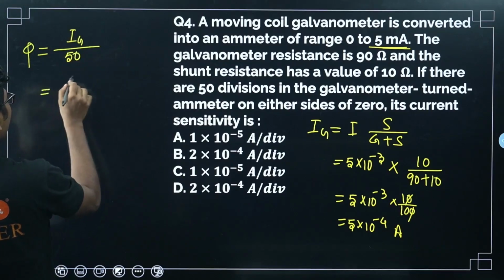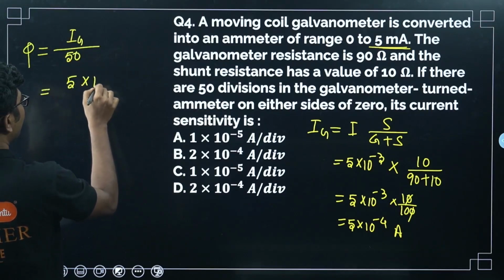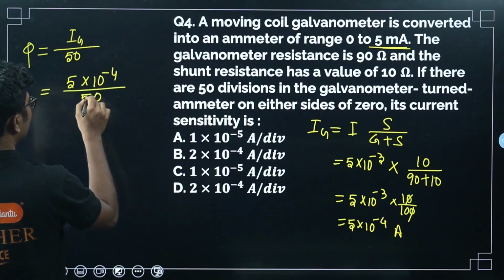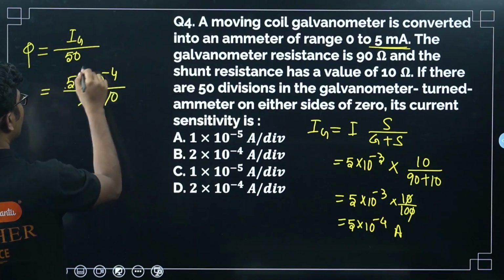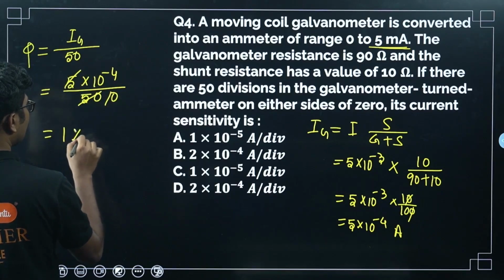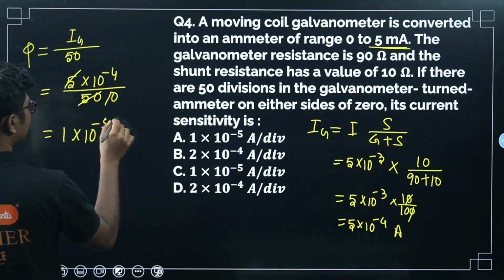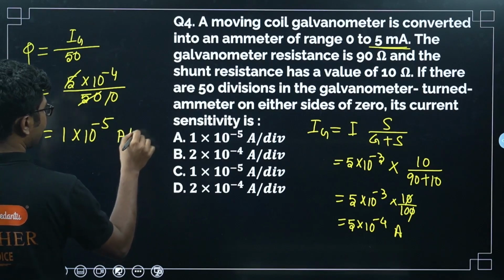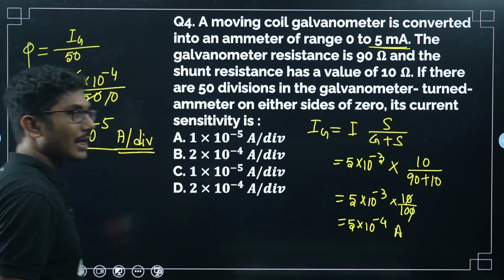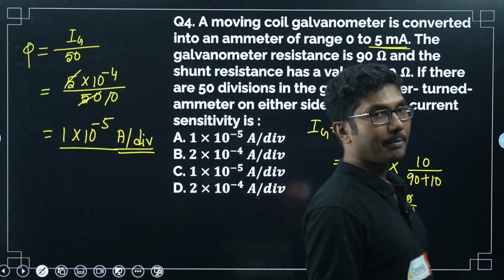So it will be 5 times 10 to the power of minus 4 divided by 50. So it will become 10 to the power of minus 5 ampere per division. Okay, so the correct answer is 1 times 10 to the power of minus 5 ampere per division.